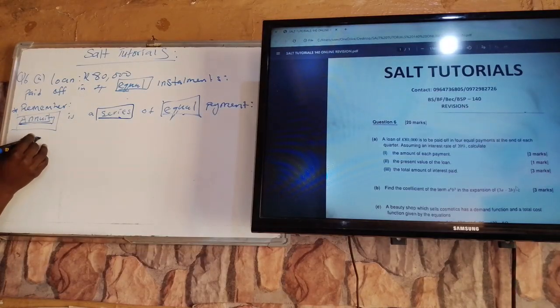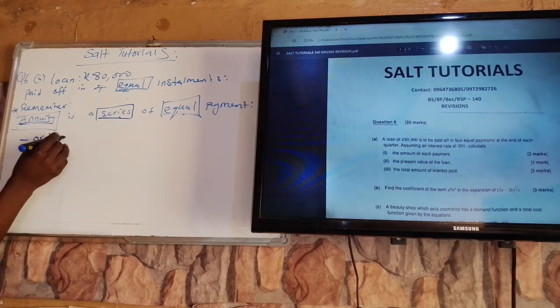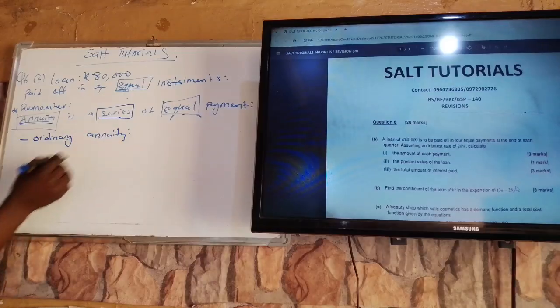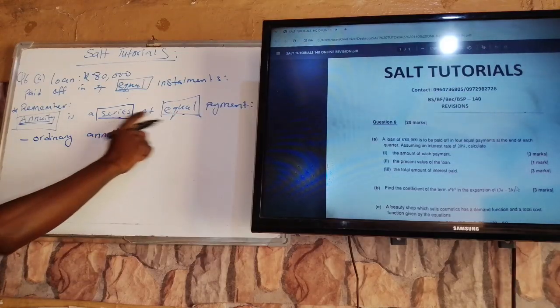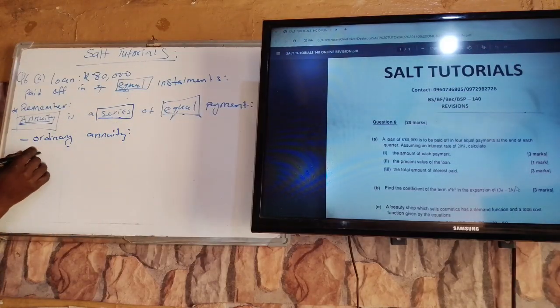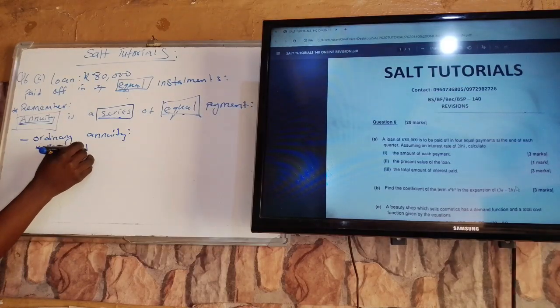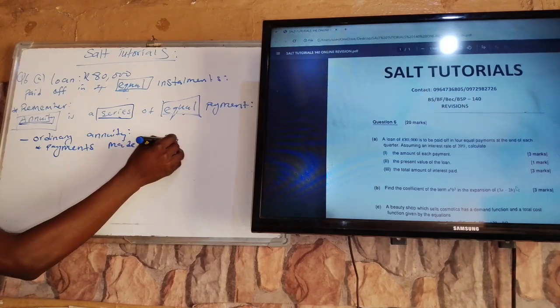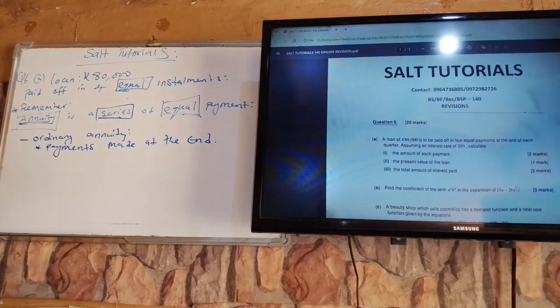There is what is known as an ordinary annuity. In an ordinary annuity, we're talking about payments made at the end. End of what?